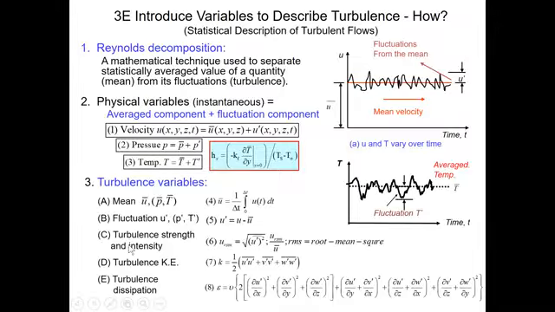C, we define turbulence strength, which is a root mean square, and turbulence intensity by comparison between the turbulence strength with the averaged turbulent flow velocity. D, turbulent kinetic energy, K. And lastly, turbulence dissipation, epsilon.